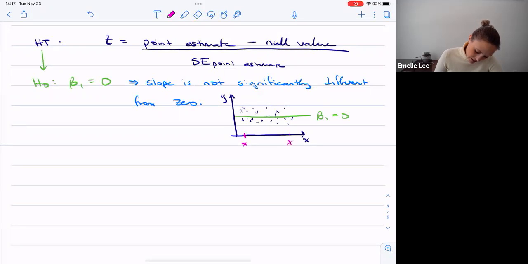The predicted value of Y is the same. That's what it means to have a slope of 0.